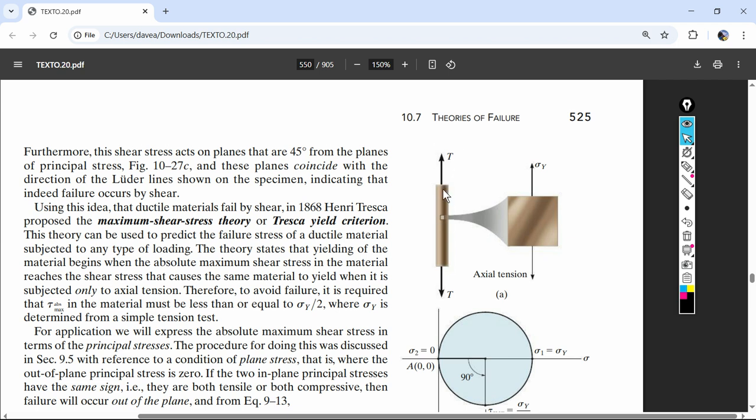We pull a material. I'm confused about why this isn't just a tautology. Is this what it's saying? If I have a ductile material that I know is going to fail in shear because I see the Luder lines and it fails, or at least yields, at 45 degrees.